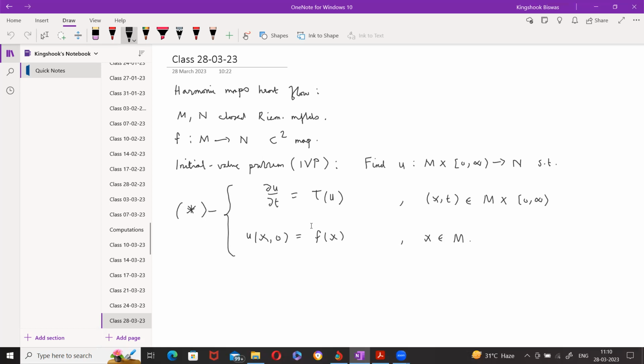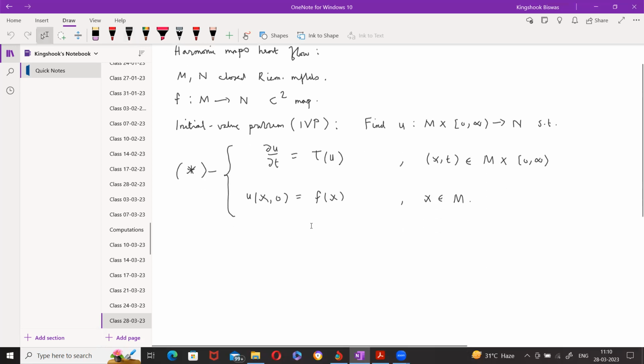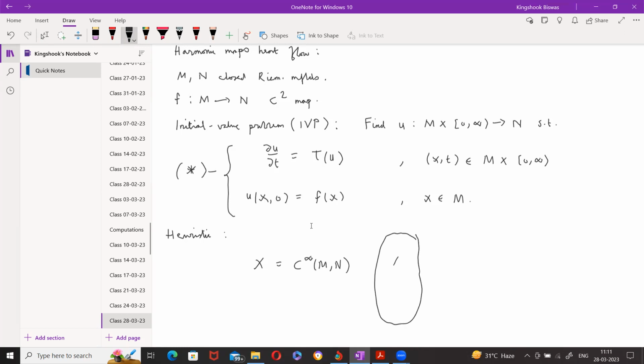So the heuristic is that you have this X, which is the space of maps from M to N. You think of this as some infinite dimensional manifold.